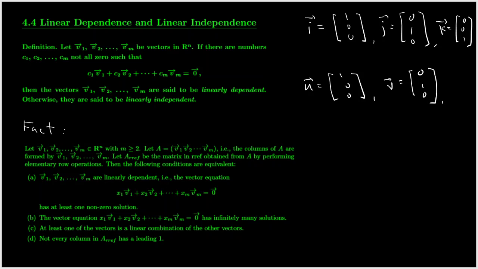Now let's say w is the vector, I will make up one, 2, 3, 0. Now listen to my question. Are these three vectors linearly independent?